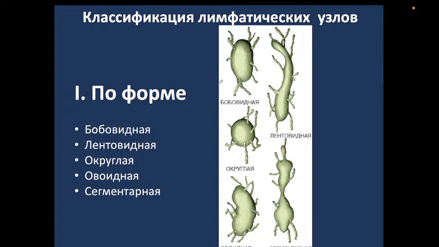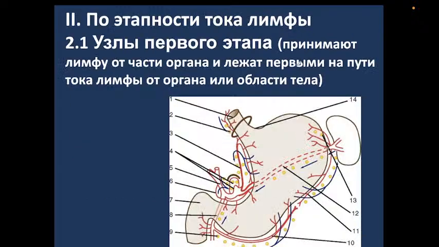Here you see different parts and sizes of lymphatic nodes, and sometimes we find very small ones, not more than 1 millimeter in diameter, but sometimes they are huge and up to 2 centimeters long, like here.